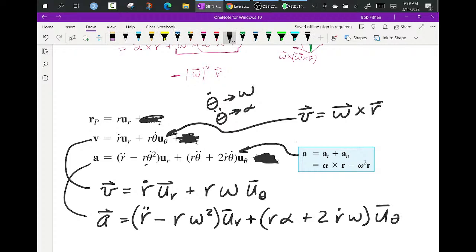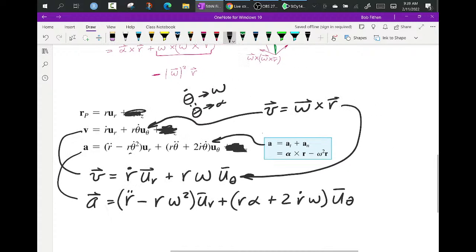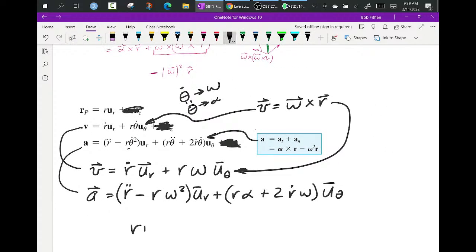Now the question is, how does this relate to this? Let's start with that one. First, if it's a rigid body, then the distance between 2 points does not change unless the item breaks. Therefore, r dot is equal to r double dot is equal to 0.